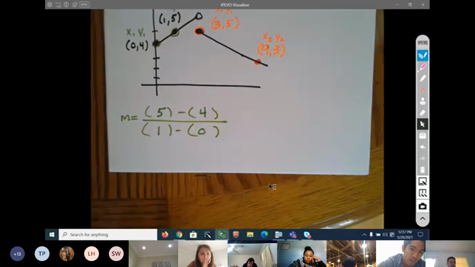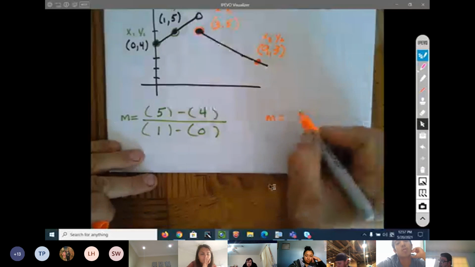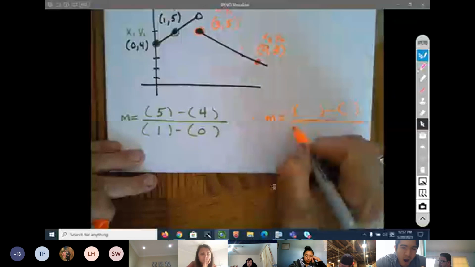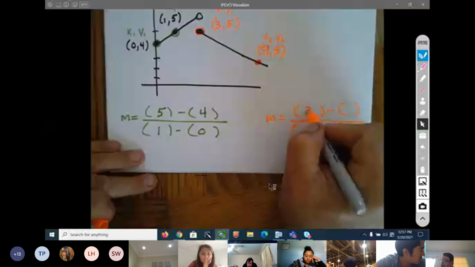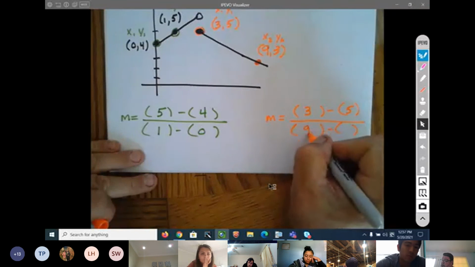Now I'm going to do the orange. And that's going to be parentheses minus parentheses over parentheses minus parentheses. 3, 5, 9, 3.